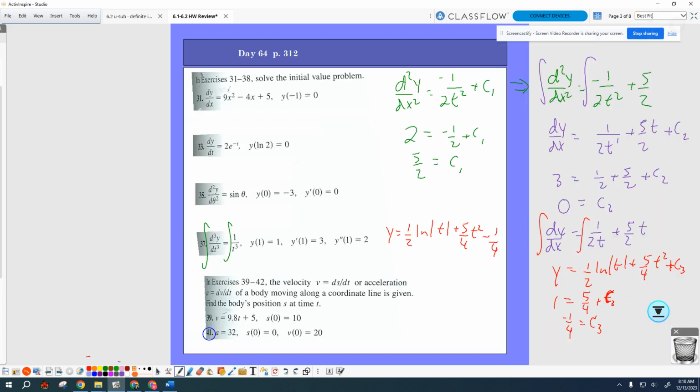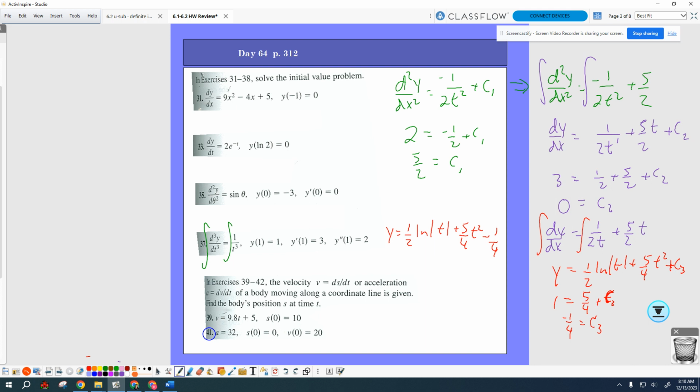The first day of stuff was asking me to integrate successively, over and over again, and get the constants. Just to show you one example, 37, they gave you the triple derivative.